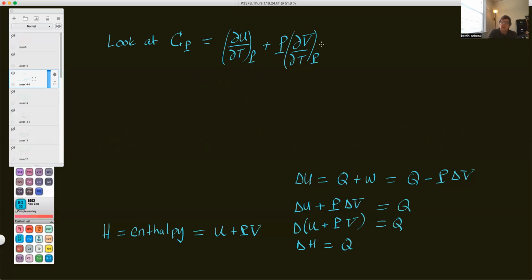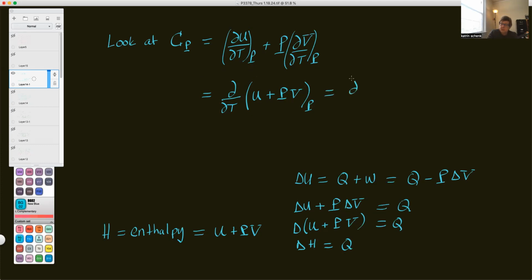Now notice though, because P is constant, I can pull this derivative with respect to T out of the whole thing. So U plus PV, because P is constant, and I still need my little P there to tell me that it's constant.